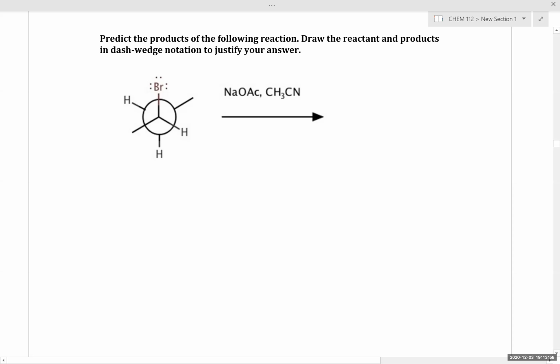There's a payoff to this process that I'm using here, because you'll apply this same logic when we talk about other types of substitution and elimination reactions. So first things first, I'd like to see a dash wedge notation structure. I'd like to see a mechanism and then the products.